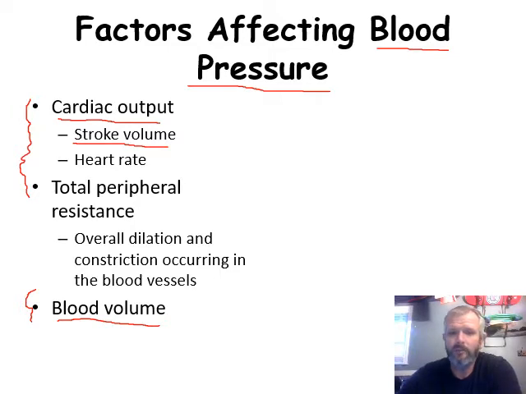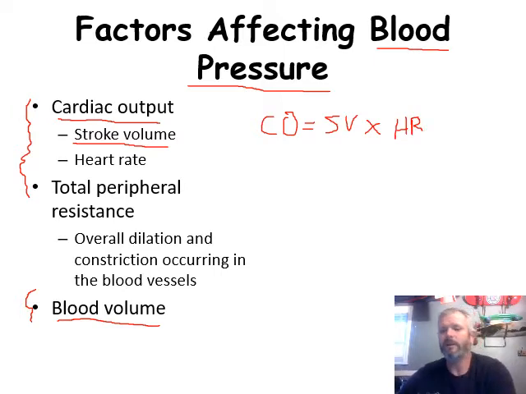Cardiac output, CO, is equal to stroke volume times heart rate. Stroke volume is how much blood is pushed into the system each time the ventricle contracts. Heart rate is how many times the ventricle is contracting per minute.